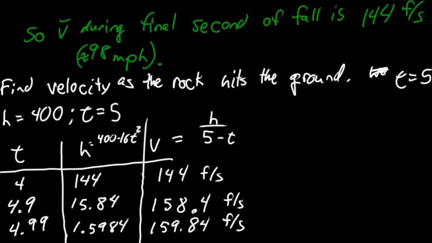Let's just try one more number, 4.999. We plug that same number into the equation: 400 minus 16 times 4.999 squared. We get a height of 0.159984. If we divide that by 5 minus 4.999, or just divide by 0.001, we get a velocity of 159.984 feet per second.